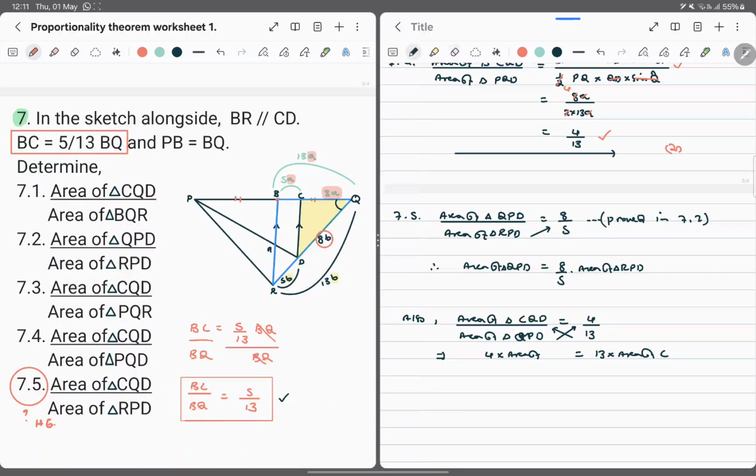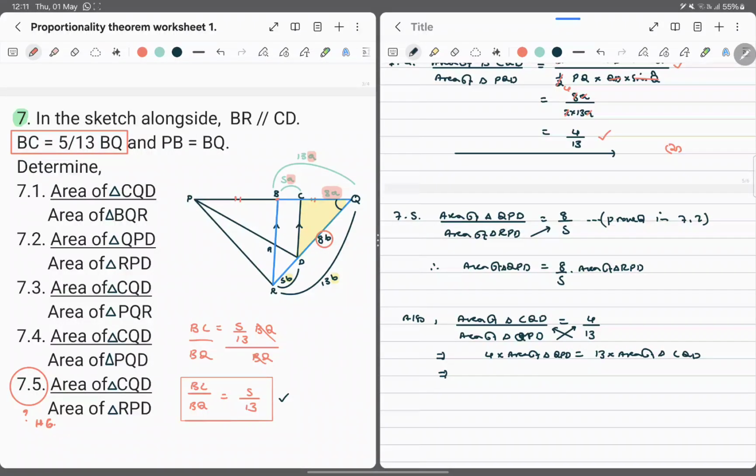Remember, when we write it like that, it's a line. Area of triangle QPD, area of triangle CQD. Okay, great. So remember, they are triangles, they are not lines. If you don't write the triangle symbol, it's not correct.